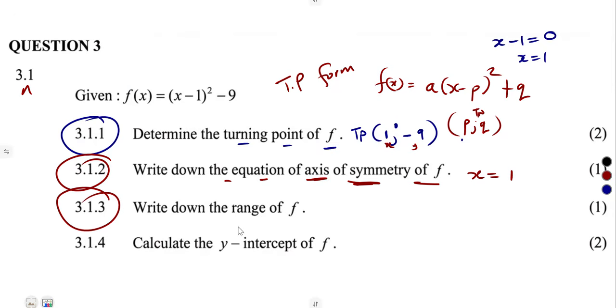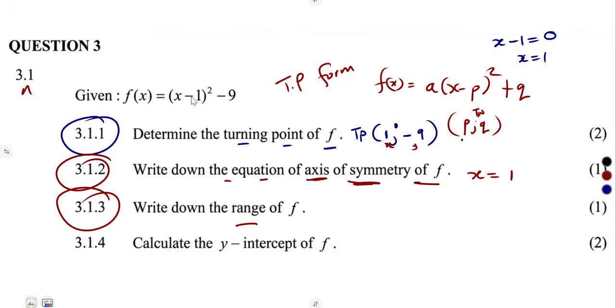Write down the range of f from this graph. From the turning point, the y value determines our range. If you expand this, it will be x squared.